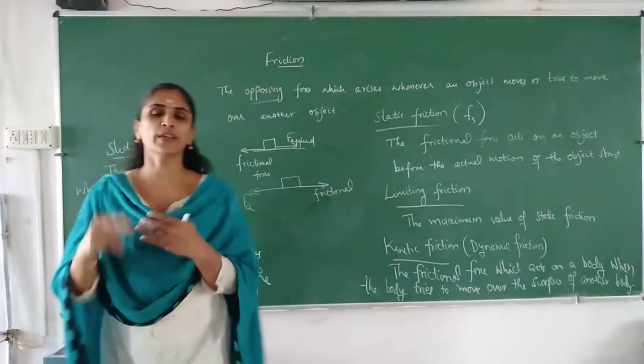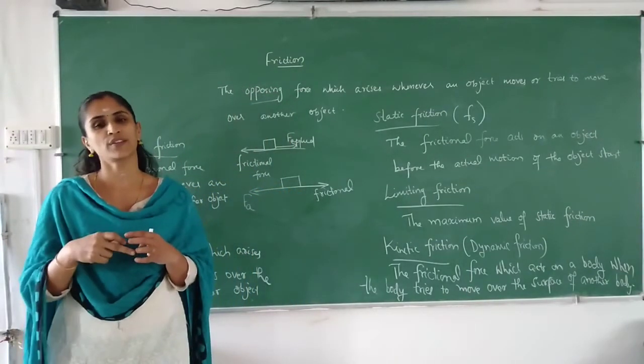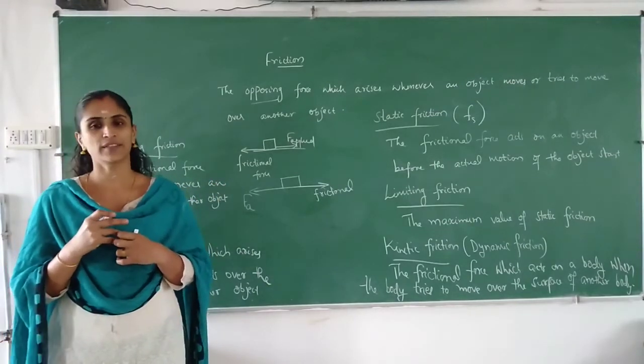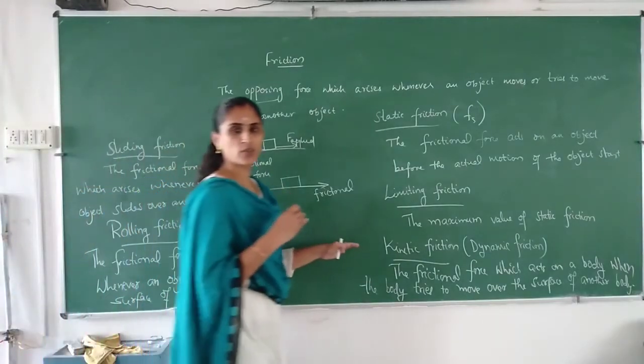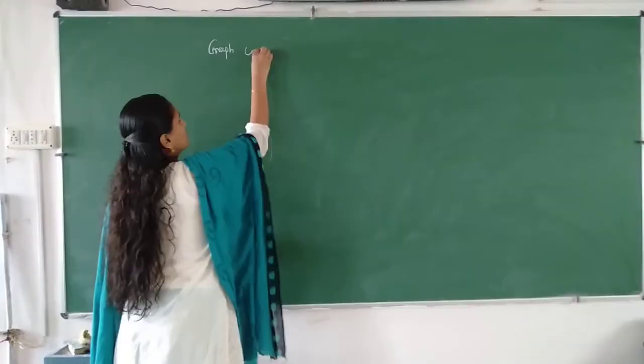Okay, that's why we know that wheels are made circular in shape, no? Because of this, rolling friction is less than sliding friction. Okay, so clear? And now we will discuss the graph between applied force and friction.